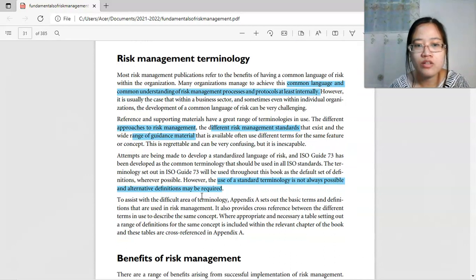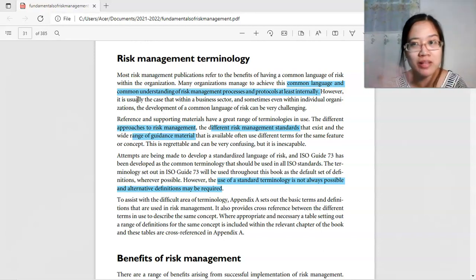Okay? Dun sa risk management terminology, okay. Ang pinopoint kasi dito sa book is that since merong different approaches kasi, different parts of the world, they do have different approaches to risk management. So, in a way, medyo nagkakaiba ng terminologies na ginagamit in the US, in the UK, in Asia, or other parts of the world.